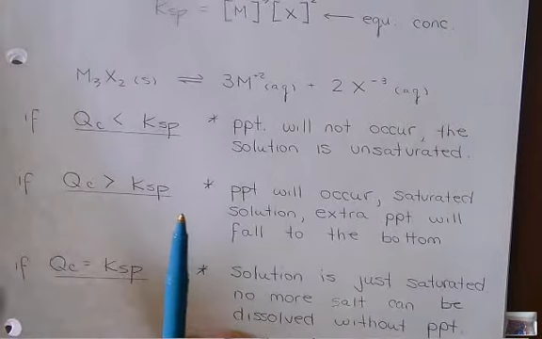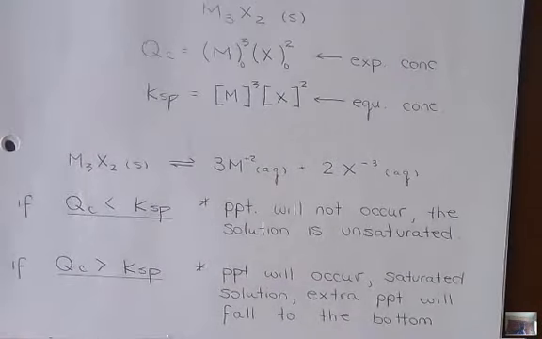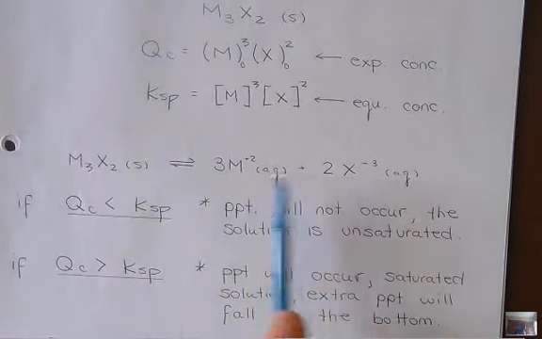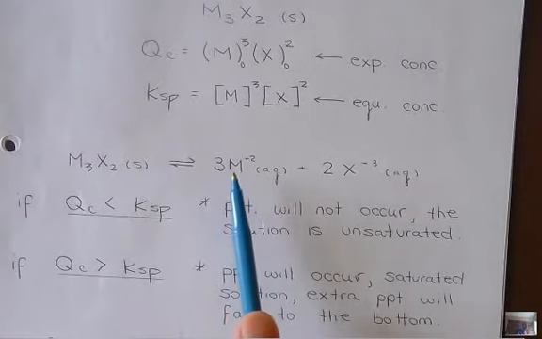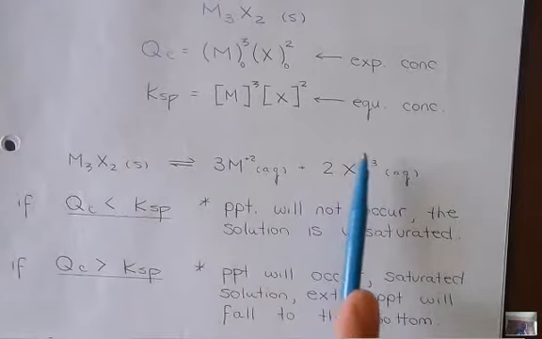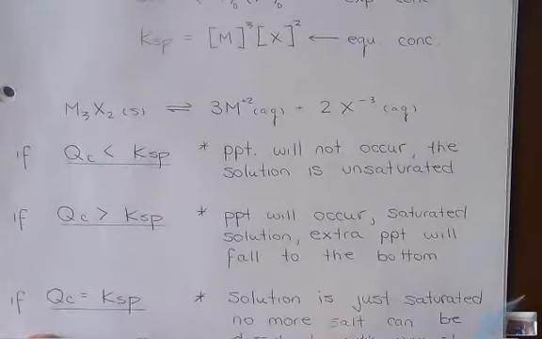So you can't add anything. Not only could you not add any salt to the bottom, you couldn't add any of one of the common ions from another source. So you couldn't add any extra X minus or M plus. If you did, either of these would push it to the point where more solid would form. Okay, so you're actually at the breaking point if QC is equal to KSP. You can't do anything to it.